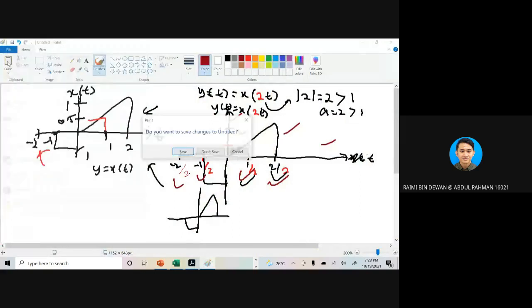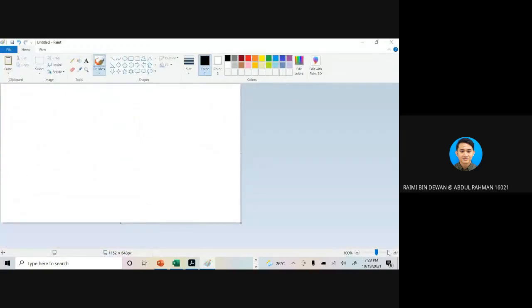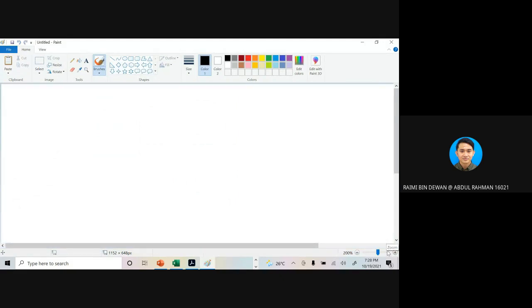Okay, we take a new graph, a new drawing. Now we consider the second case of time operation scaling. So now we have y(t) equals x(0.5t).